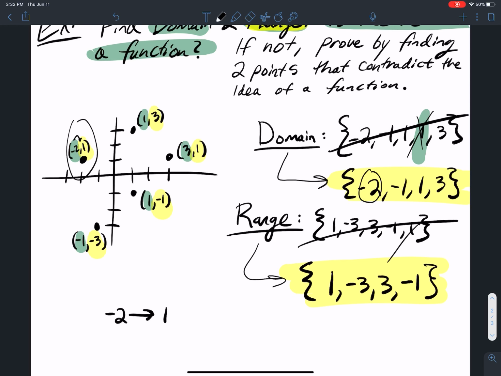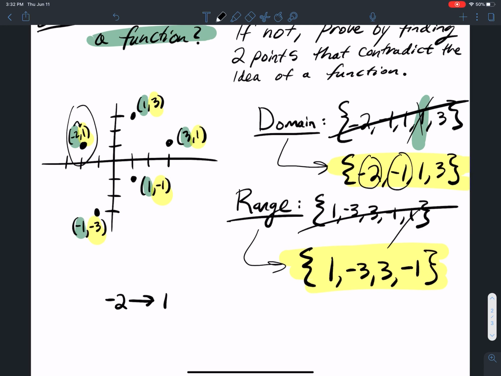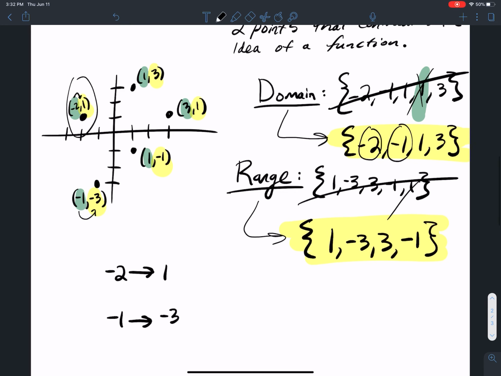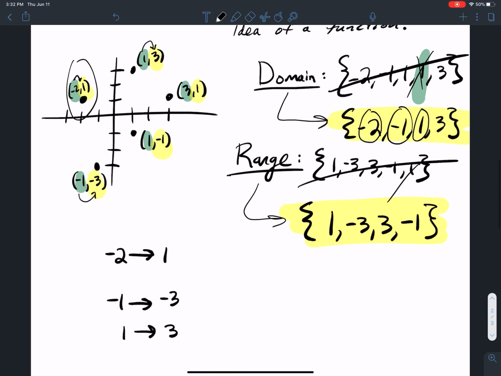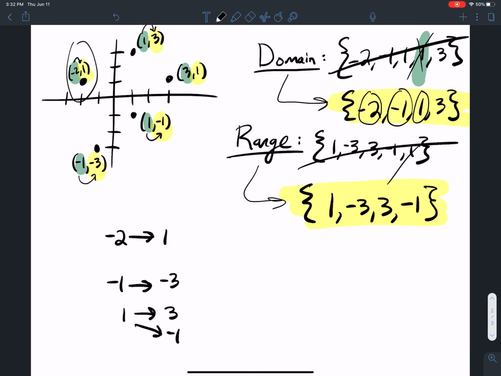Good. Okay, that worked. Now what about this negative 1? Negative 1 goes to negative 3. Good. Okay. What about the 1? 1 goes to 3. But 1 also goes to negative 1. So each x has one y, but this x here has a y here and a y there. So that makes it not a function.